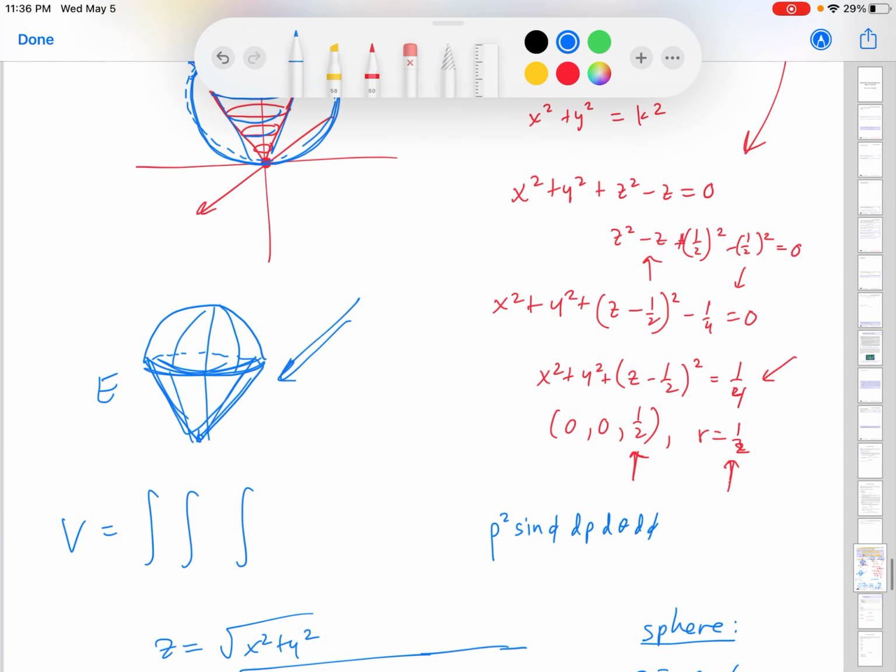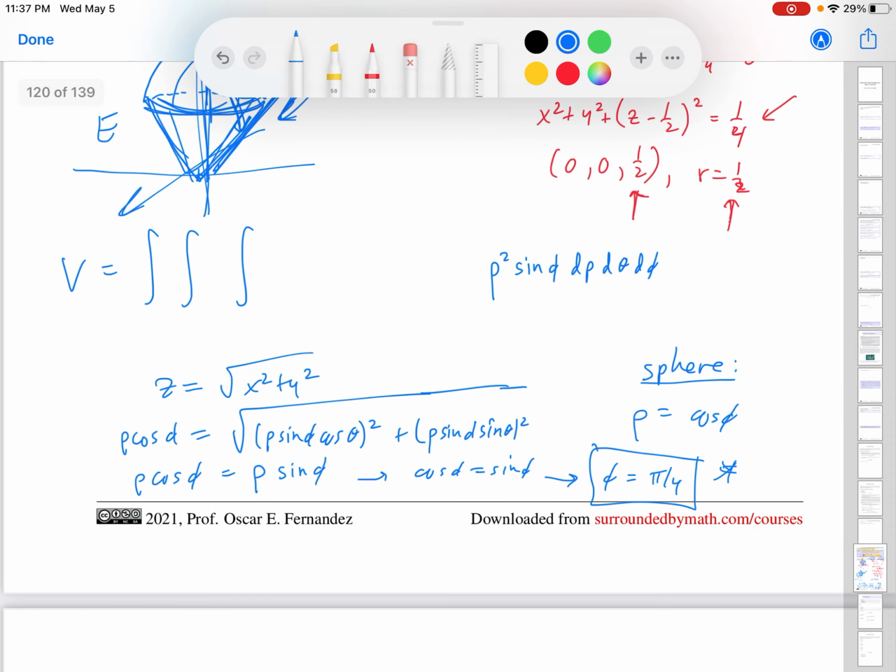And when I look at this solid, sitting in R3, phi is going to go from 0, which is kind of the top of the sphere, and then it's going to come all the way down to this edge, which we have now seen is pi over 4. So wherever phi is in my integral, all the way at the end here, goes from 0 to pi over 4.